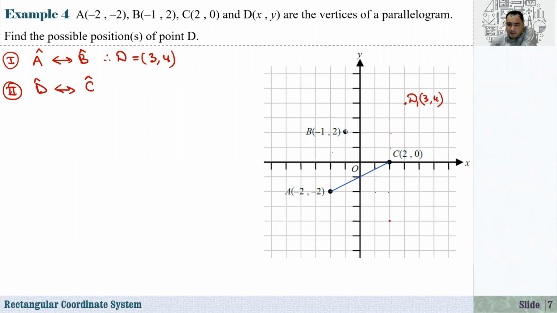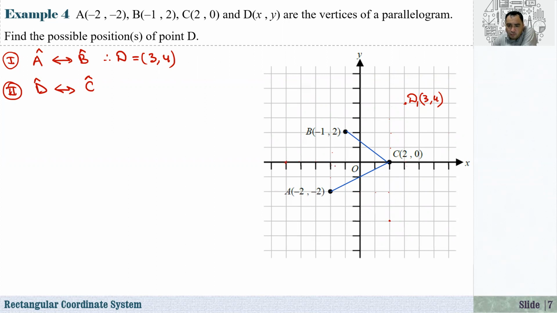Here we join these points. To go to D, it's opposite C. First, from C to B, I should walk 2 units up and 3 units to the left. So to go to D, I should go 2 units up, 1, 2, and 3 units to the left, 1, 2, 3. So it will be somewhere here.